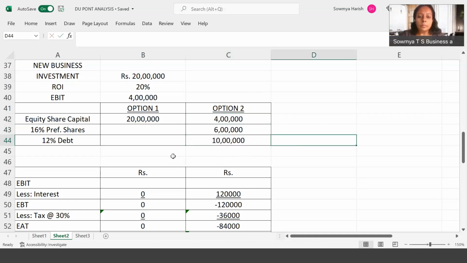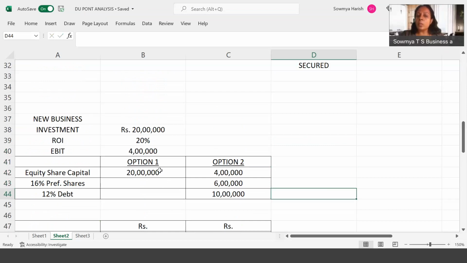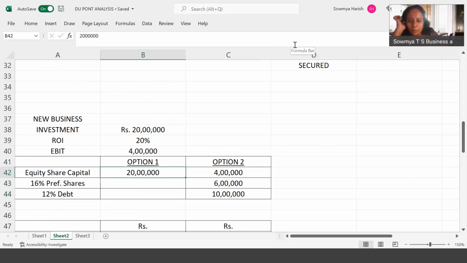So these two options are available for you for raising the investment that you require for your new funds. With this, let's see what happens.